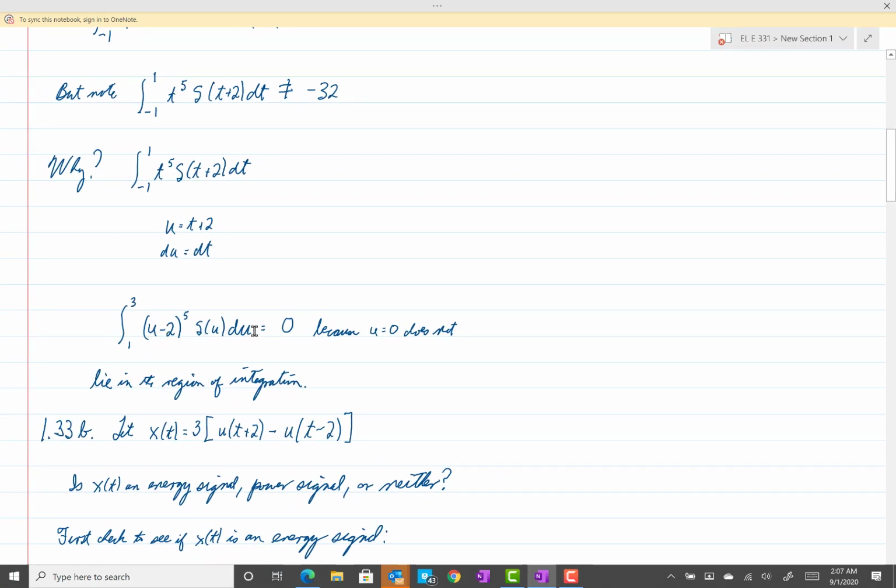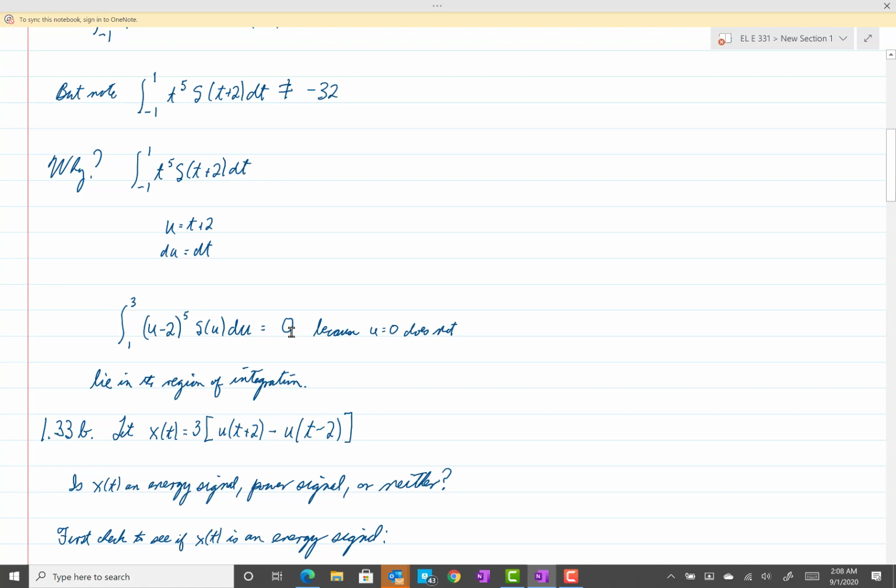And now when we ask ourselves if u equals 0 is in the range of integration, the answer is no. 0 is not between 1 and 3. And therefore, over this entire region of integration, this delta function is always equal to 0, and therefore the integral itself is equal to 0.